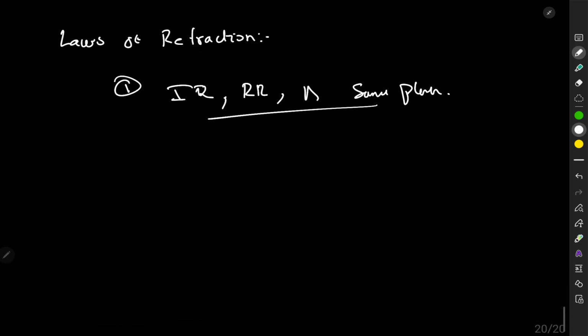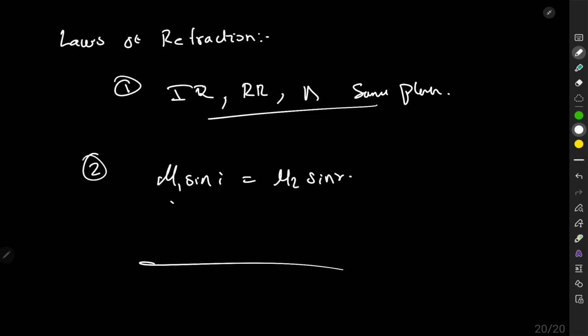Second law is Snell's law. mu1 sin I is equal to mu2 sin R. Okay. For example, it's going like this, right? And this is normal, incident, refracted, mu1, mu2, right?